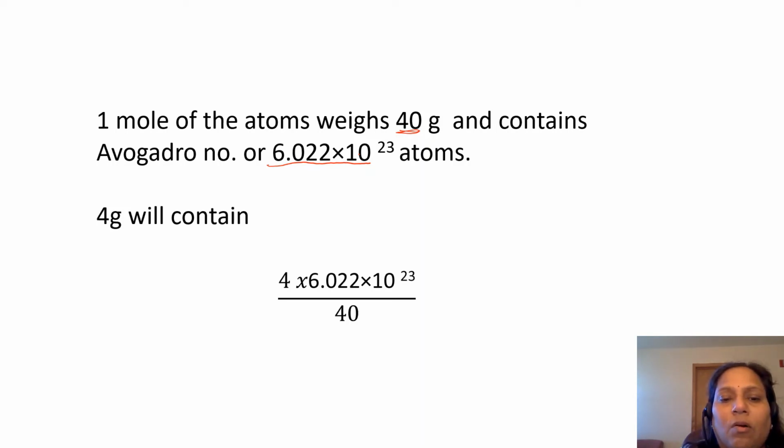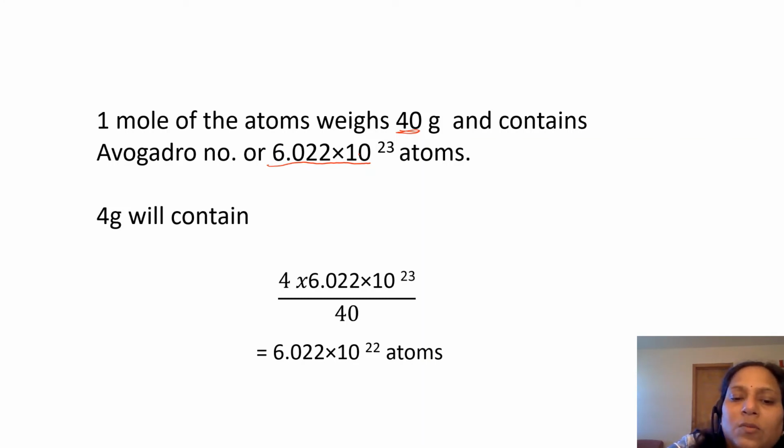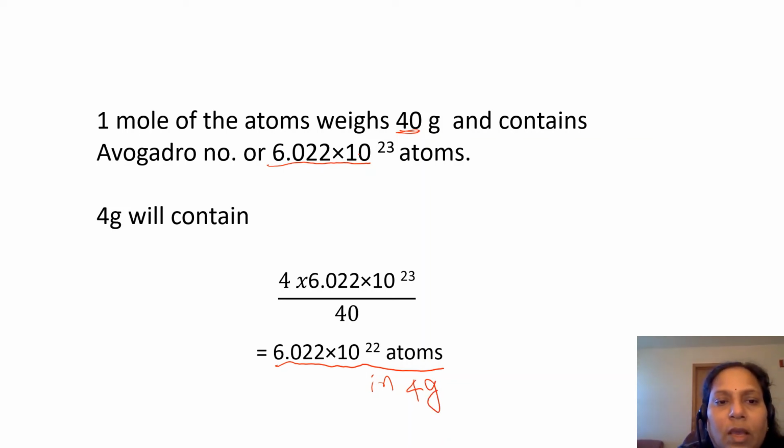So this will work out to be 6.022 into 10 raised to the power of 22 atoms. So these many atoms are present in 4 grams of the atom. So we have now found the number of atoms in 4 grams of the element.